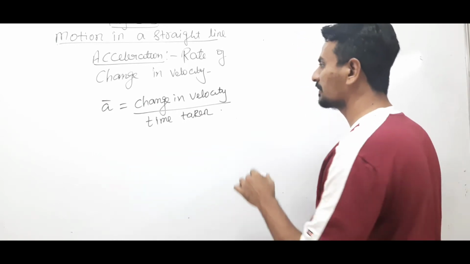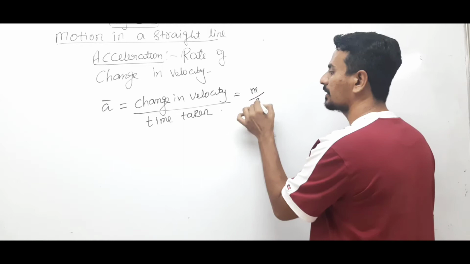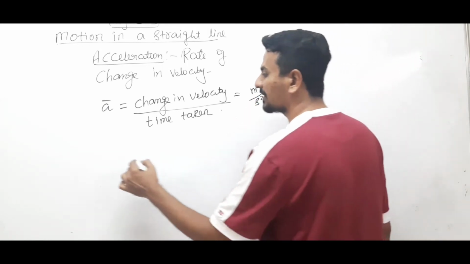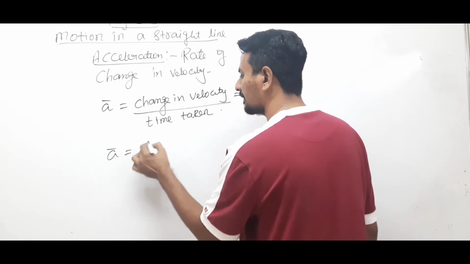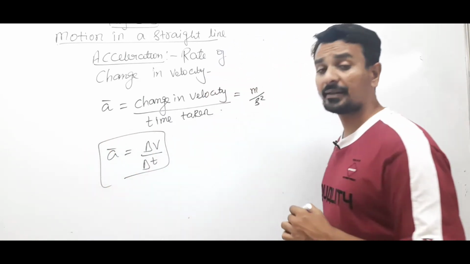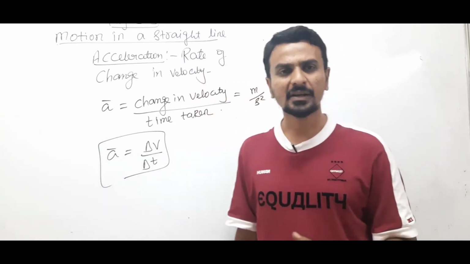The unit of acceleration: change in velocity is in meter per second and time taken is in seconds, so the unit will be meter per second square. So average acceleration is delta v by delta t. The direction of acceleration will be in the direction of change in velocity.